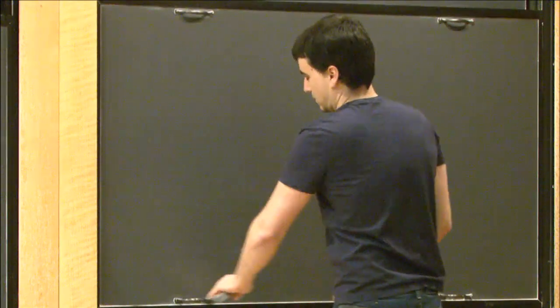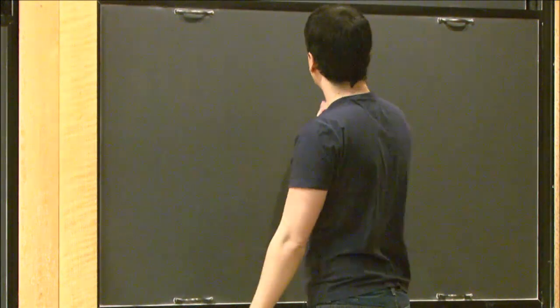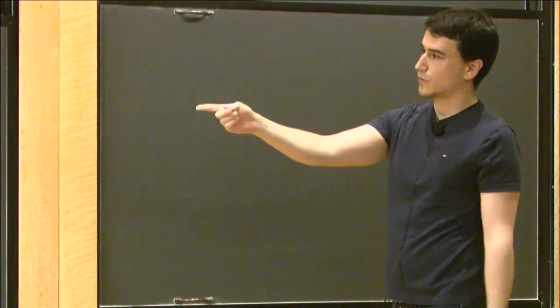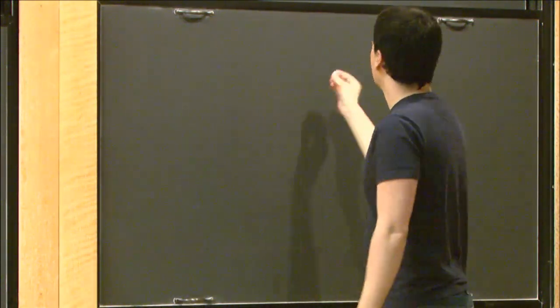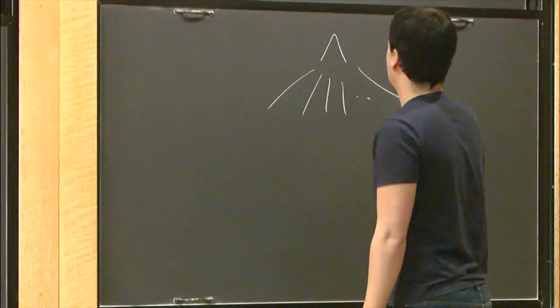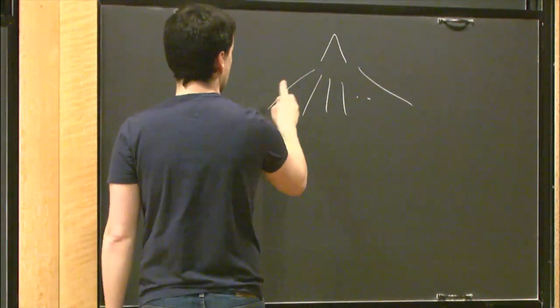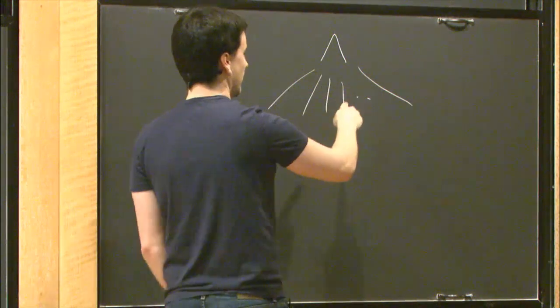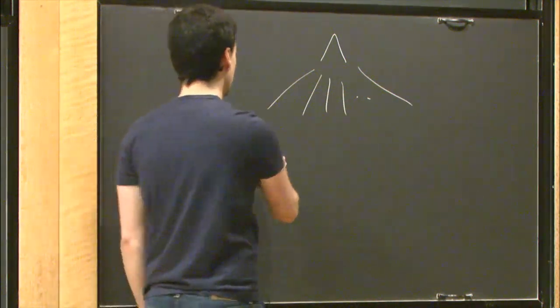So what is an AC0 circuit? Again, we have ANDs and ORs. So we have, let's say, an AND, and each gate is fed by many other gates or inputs.